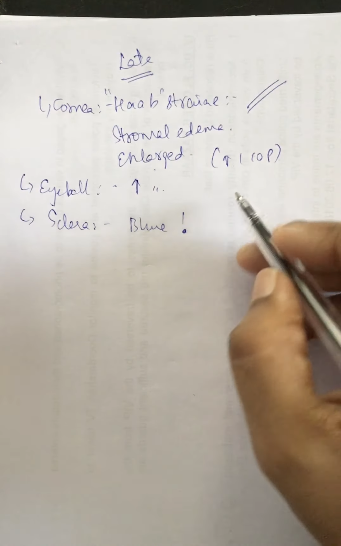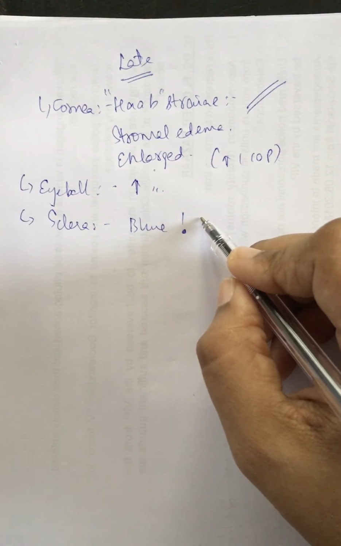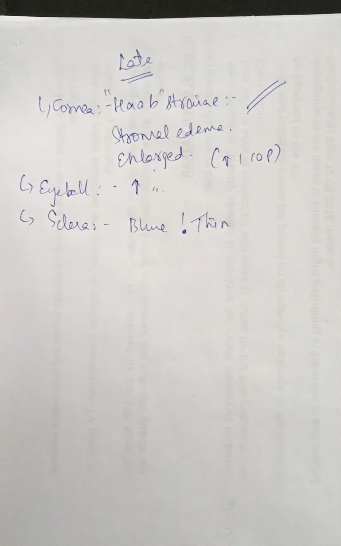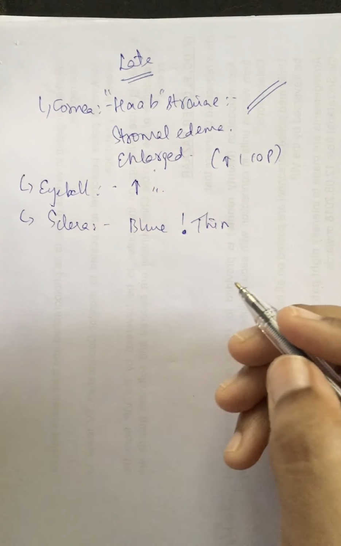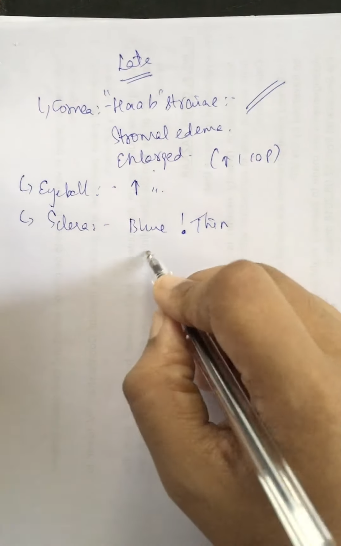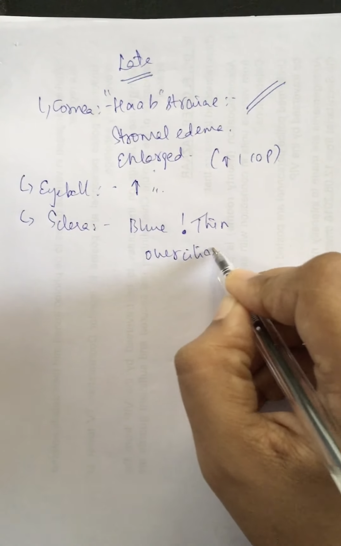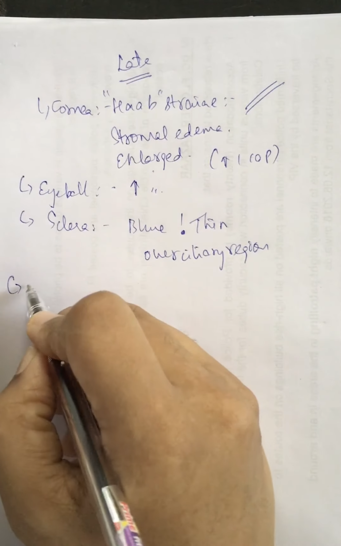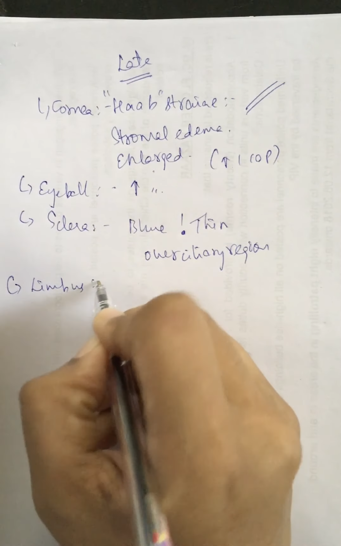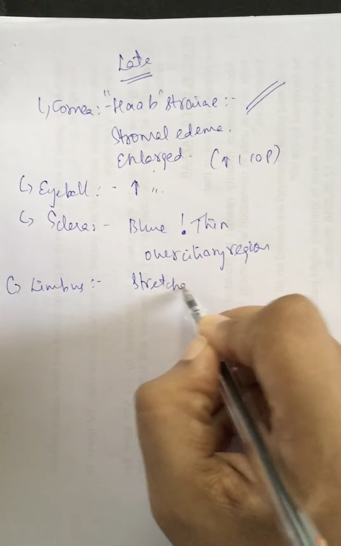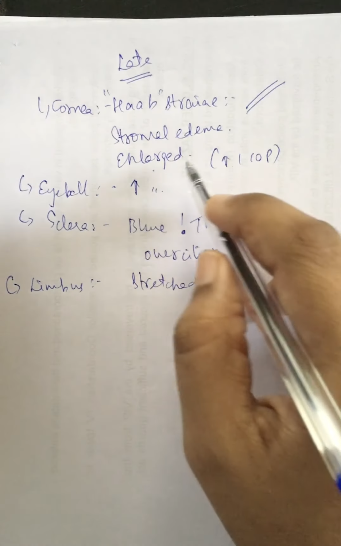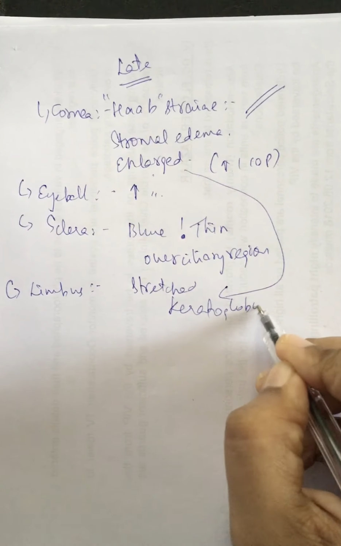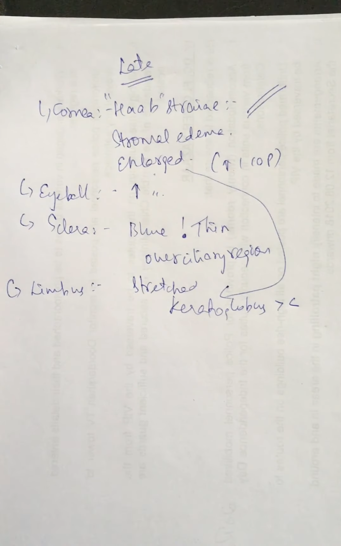Because of stretching of the fibers, it's going to lose its thickness and become thin, and the underlying uveal pigment, especially over the ciliary region, is going to show a bit more blue. And then comes the limbus. The limbus is stretched, and the cornea specifically is going to be a bit enlarged, and it might look like a buphthalmos, but we might have to distinguish both of them.